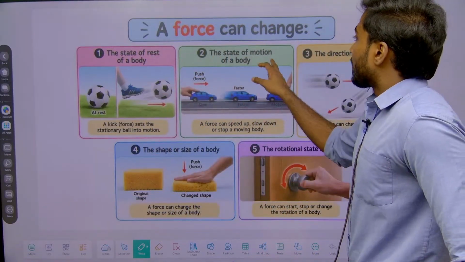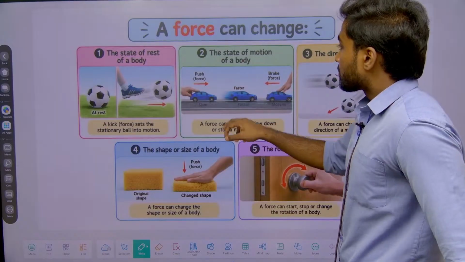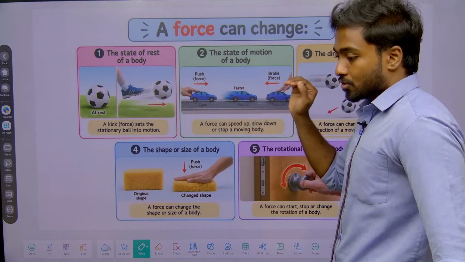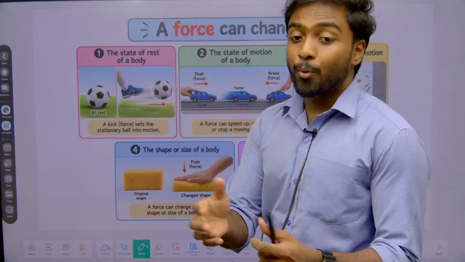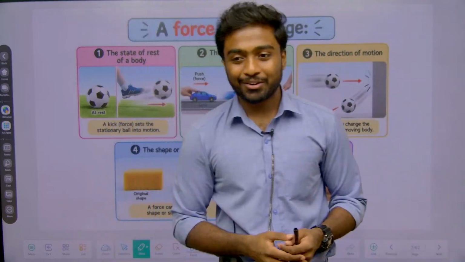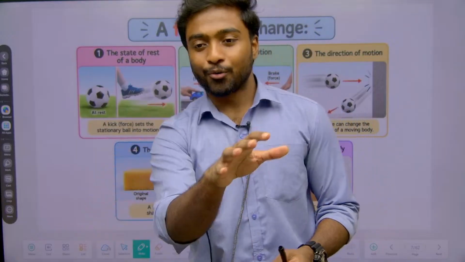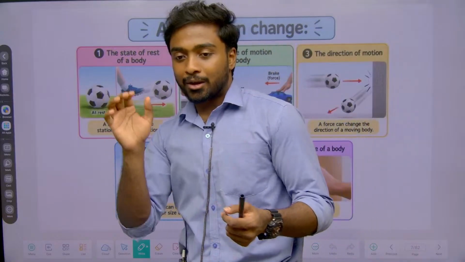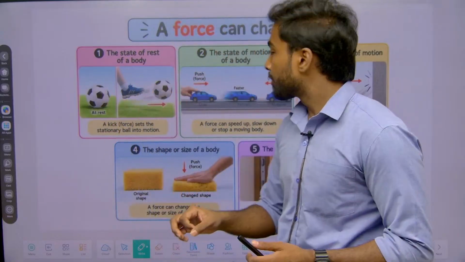Next, a change in the state of motion of a body. Suppose a car is going, okay. A small toy car, like kids are playing with, no, if you apply more force on it, it will go fast. When a car is going fast and you apply a force, it will go slow, right.